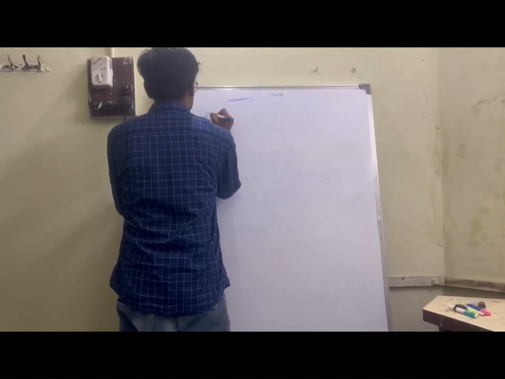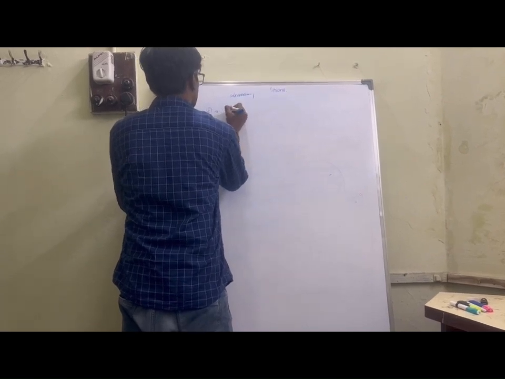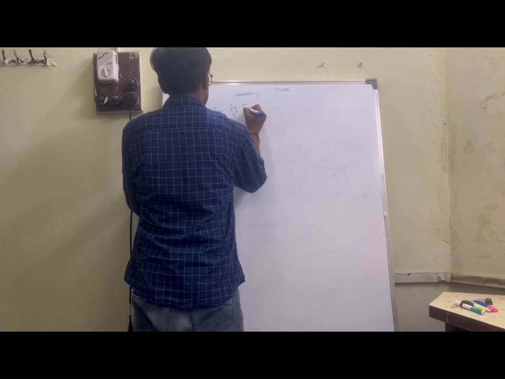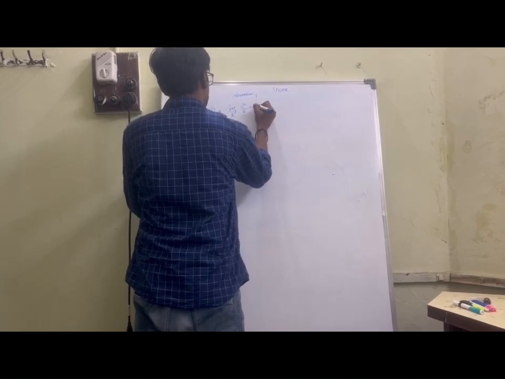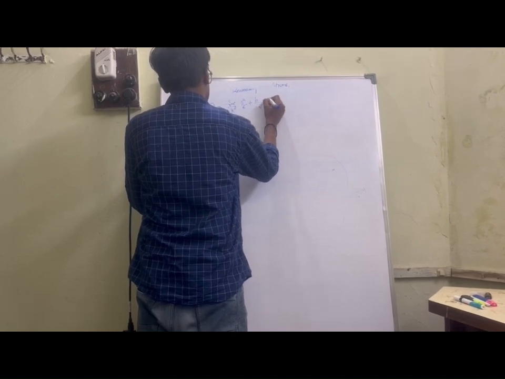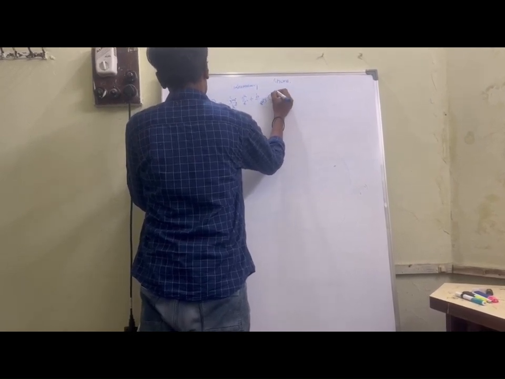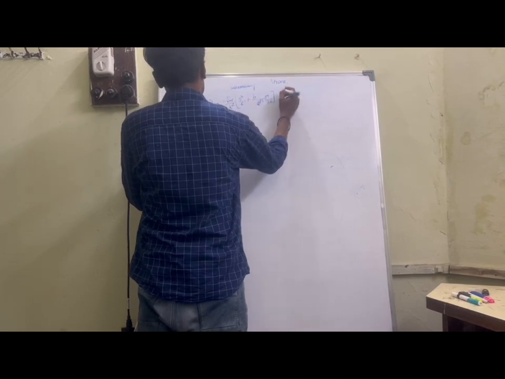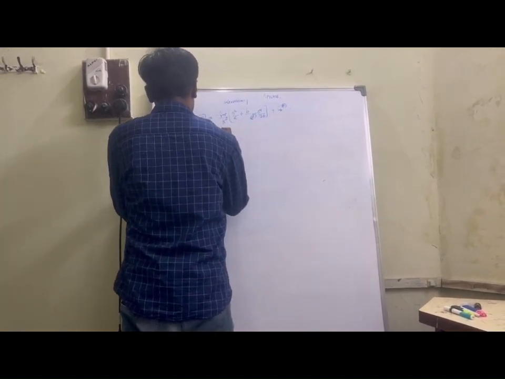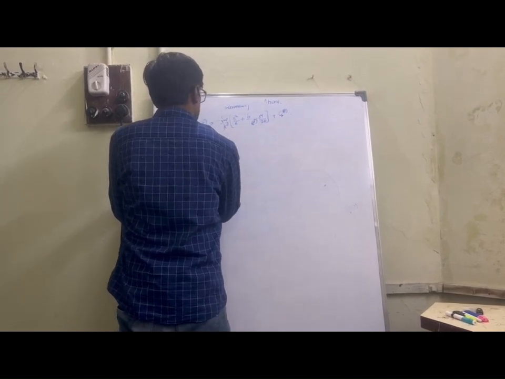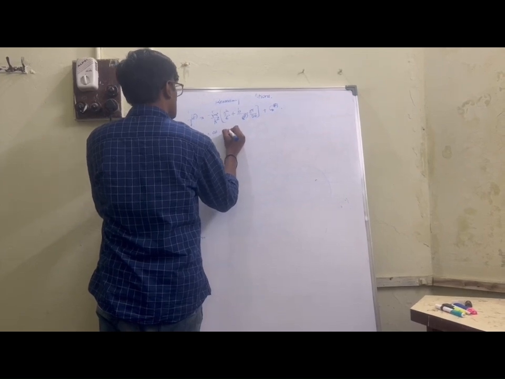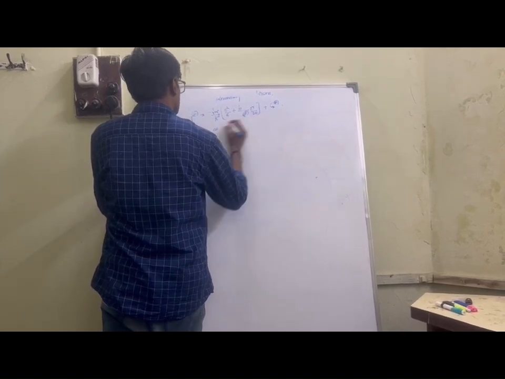TF is equal to minus Sn naught by Kf, r square by 6 minus b r to the power 4 by 20 rf square, plus C2F. So boundary condition 3 will be at R equal to RF.